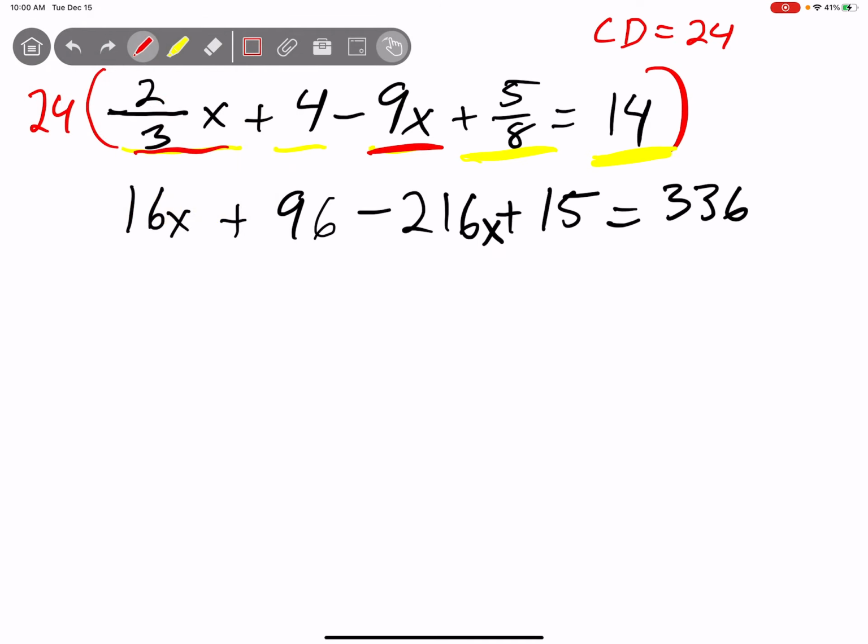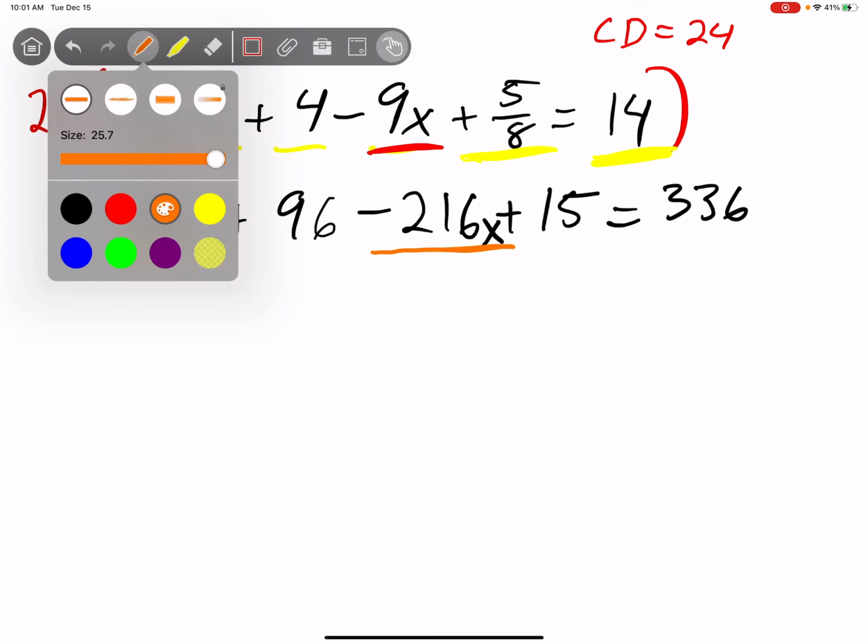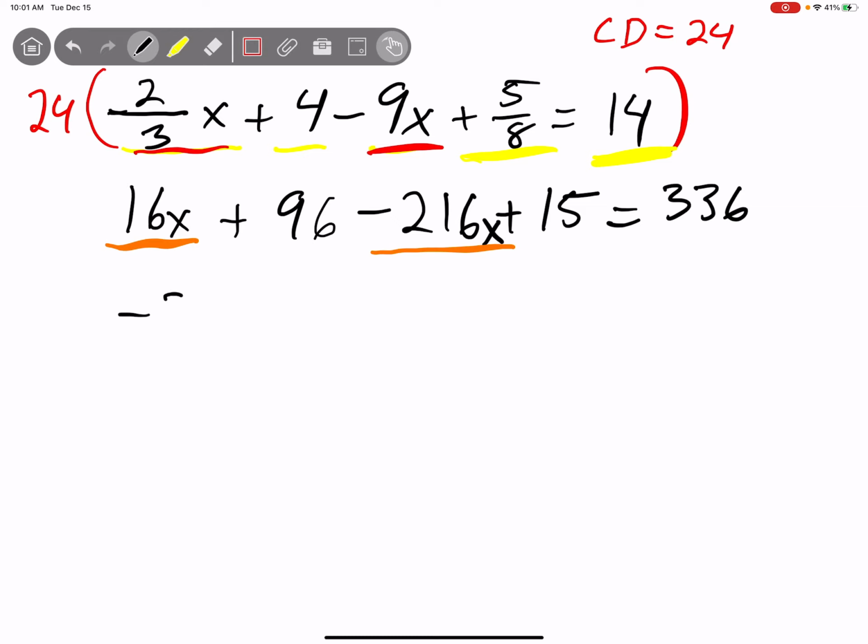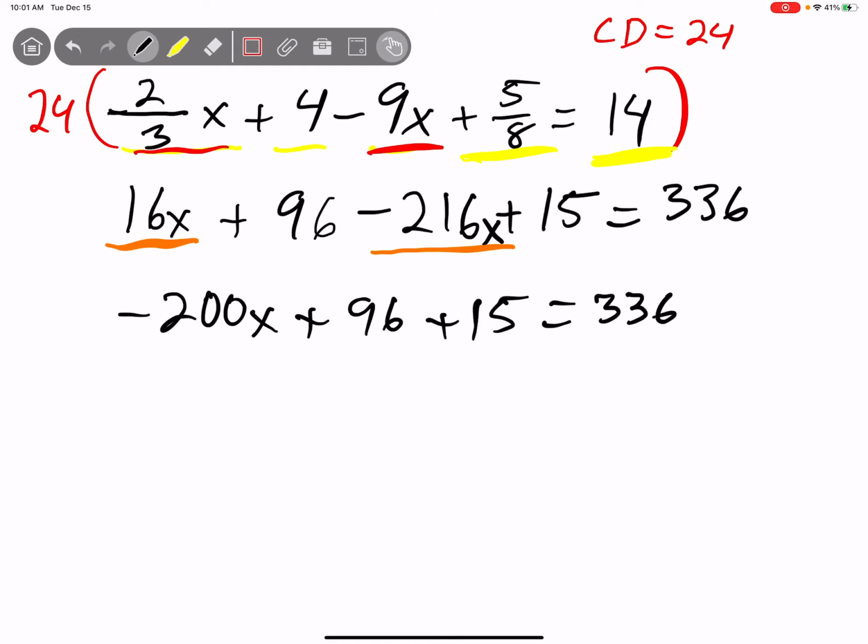Now I can solve this. First thing I'm going to do when solving this, because I have multiple x's and multiple constants on the left side, is I'm going to combine like terms. Well, let's look at our x's first. I've got 16x and negative 216x. Well, if I combine those like terms, I now have negative 200x plus 96 plus 15 equals 336.